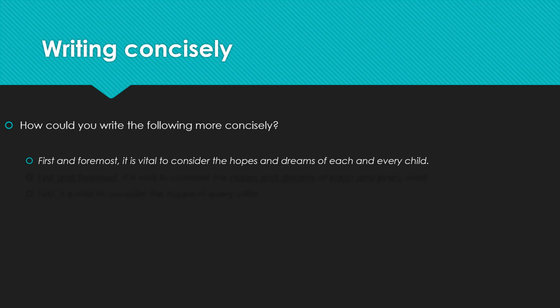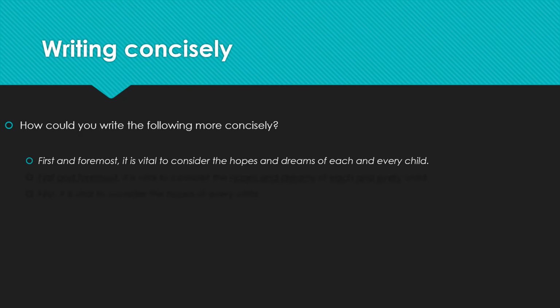Let's take a look at some examples and practice eliminating wordiness. In our first sentence, "First and foremost, it is vital to consider the hopes and dreams of each and every child." We have some extra wordiness that can be easily removed to create a clearer, more concise sentence.